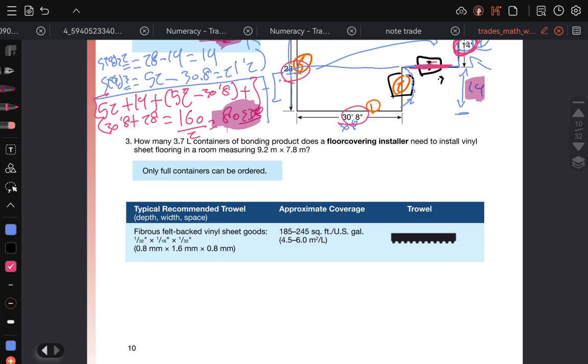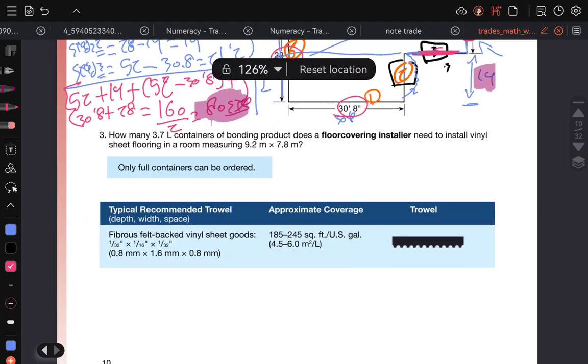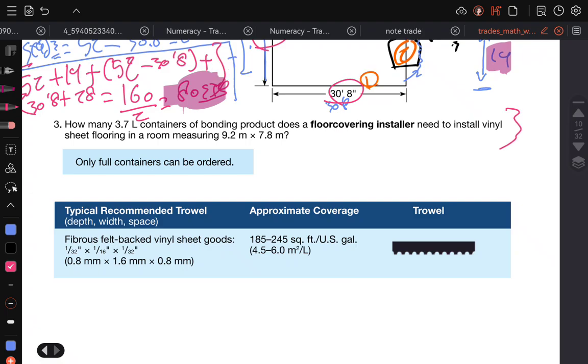Now let's move to this one. For this one, of course, you need to read the whole question. How many 3.7 liter containers of bonding product does Procoring need to install sheet flooring around the room? The first thing you need to calculate is the area of the room.